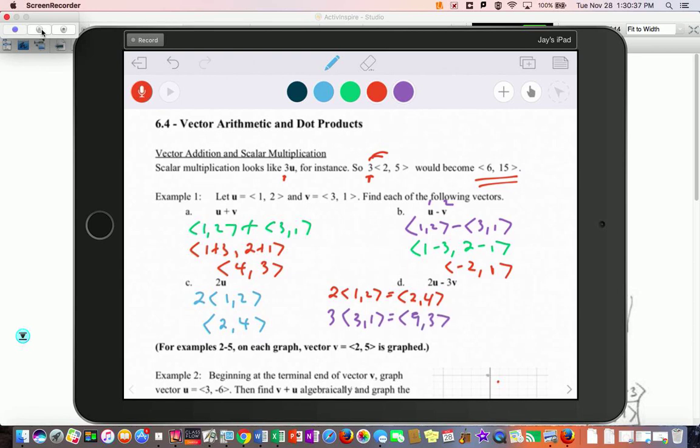So if I was going to subtract, I would do 2, 4 minus the 9, 3. And so doing that, I would get 2 minus 9, 4 minus 3, and I end up with negative 7, 1 would be my final answer.